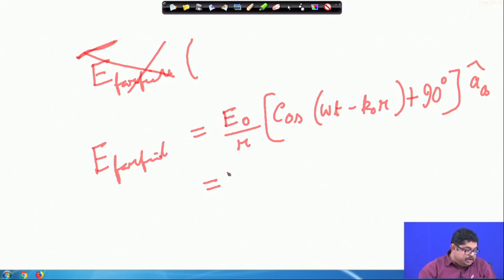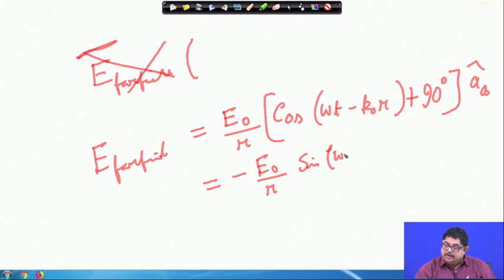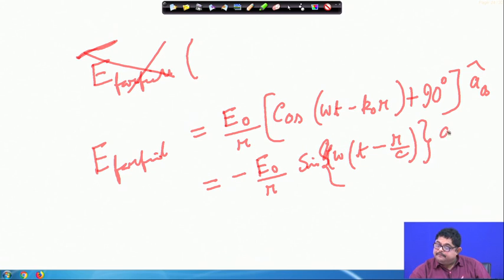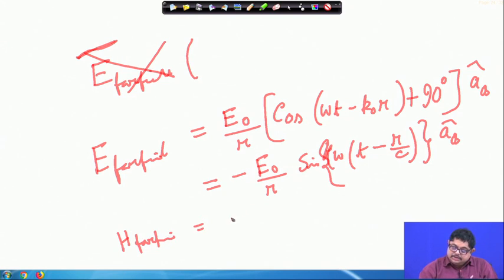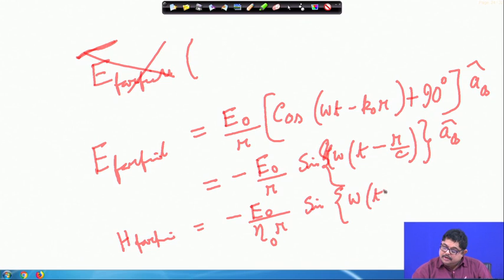So, this can be written as minus E naught by r sin of omega t minus r by c, times a theta, and H far field as minus E naught by eta naught r sin of omega t minus r by c, times a r cross a theta.